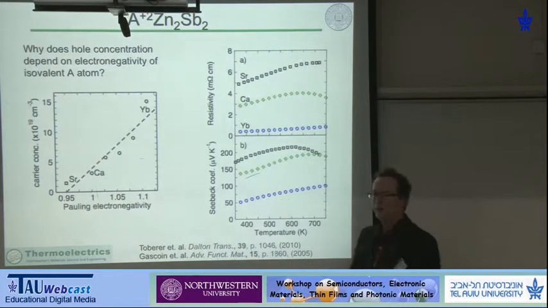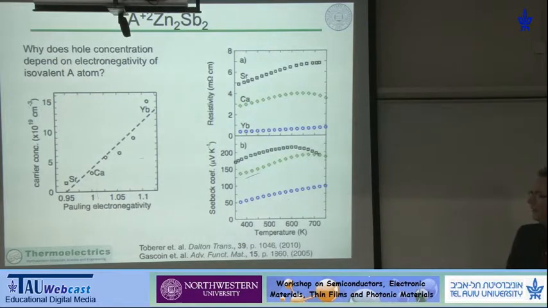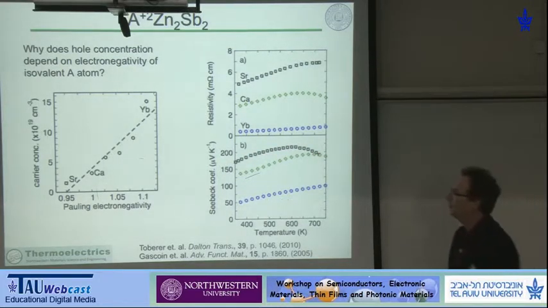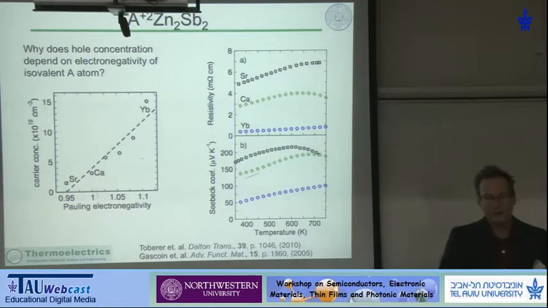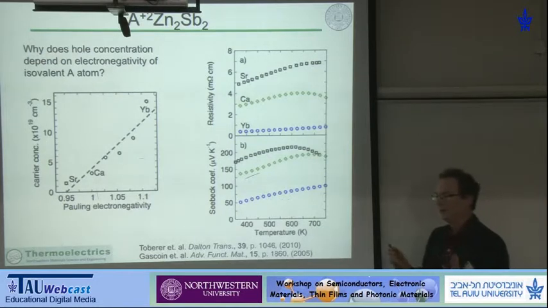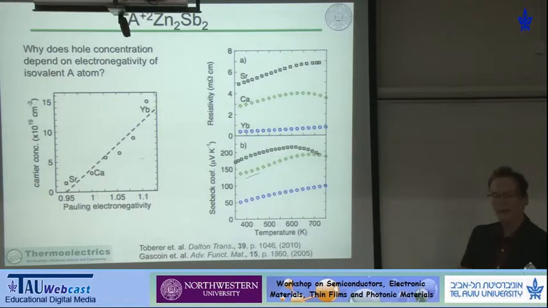And again, this is a very powerful way of adjusting the carrier concentration in the material, which then optimizes the resistivity and the Seebeck coefficient. So we can get nice high Seebeck coefficient in materials with reasonably low resistivity using the chemistry of that cation, which simply adjusts the native defect concentration of those materials.